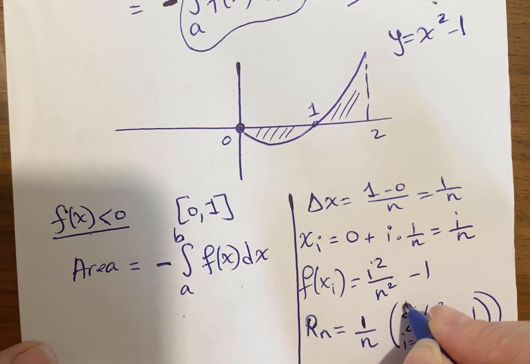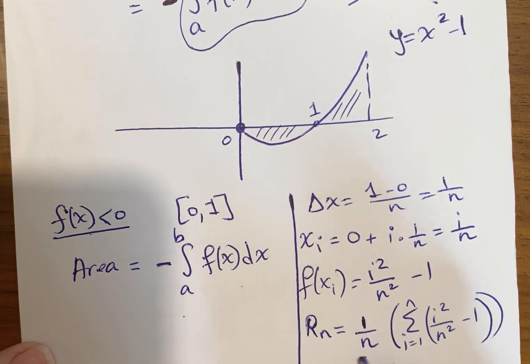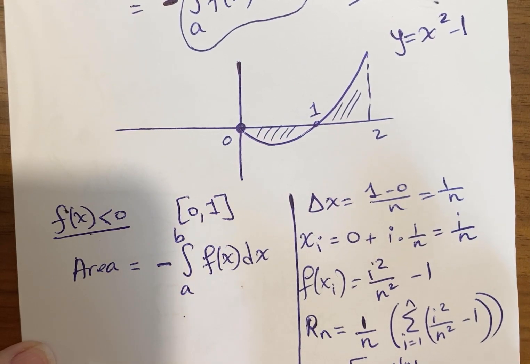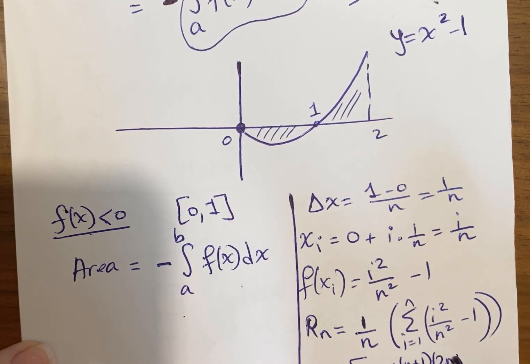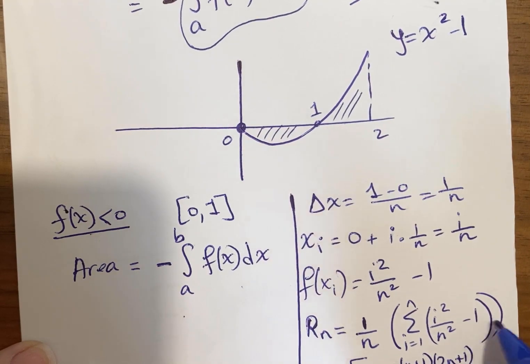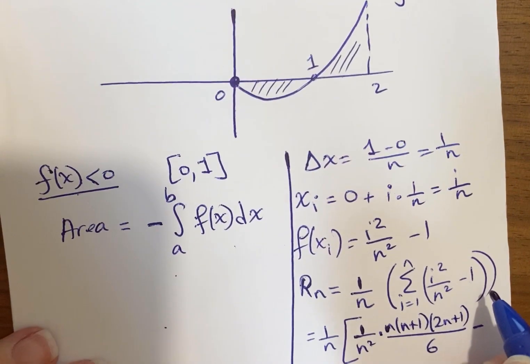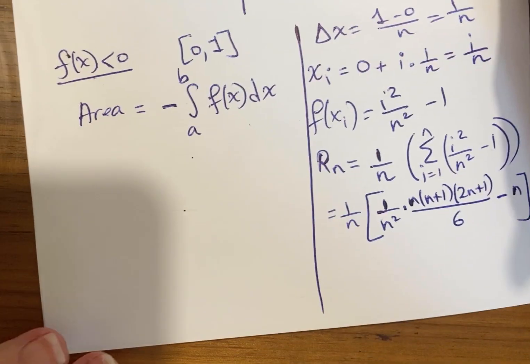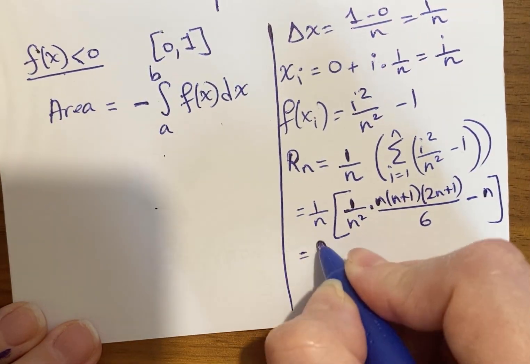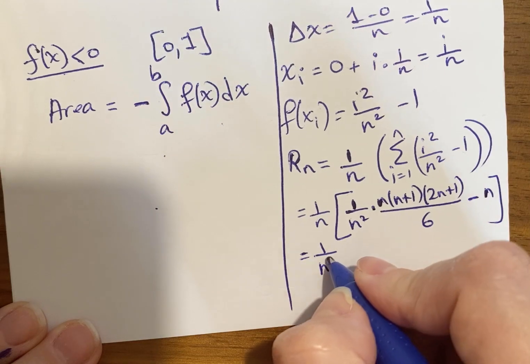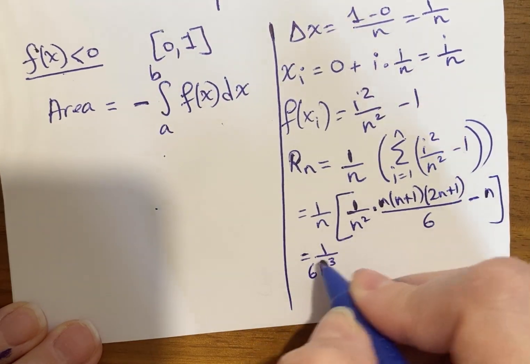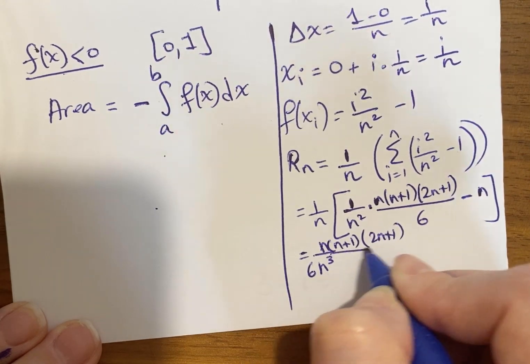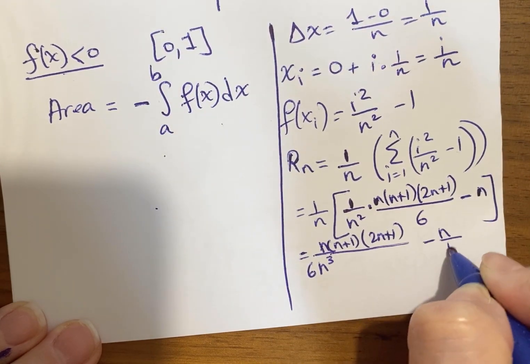from i equals 1 to n, which gives me 1 over n, bracket: the summation is 1 over n squared times n times n plus 1 times 2n plus 1 over 6, minus the summation of a constant 1, which is equal to n. This gives me a total of 1 over n cubed times n times n plus 1 times 2n plus 1 over 6, minus n over n.